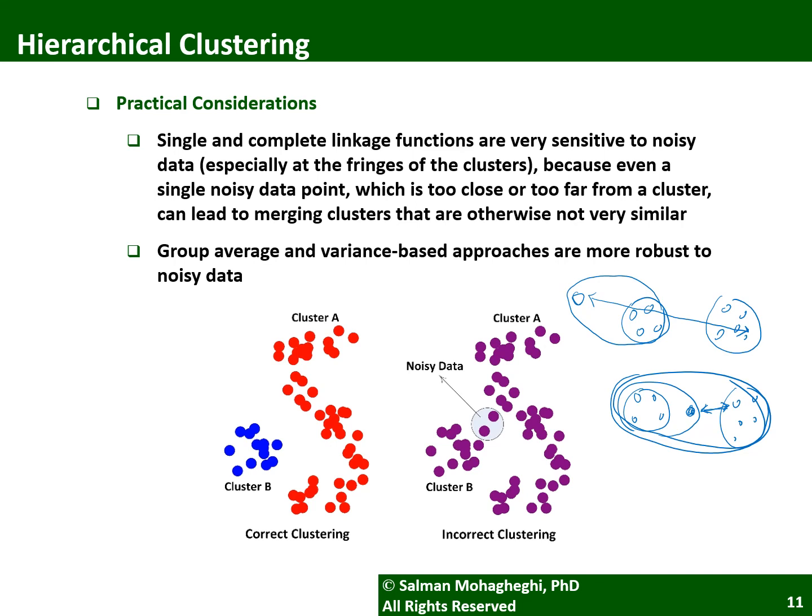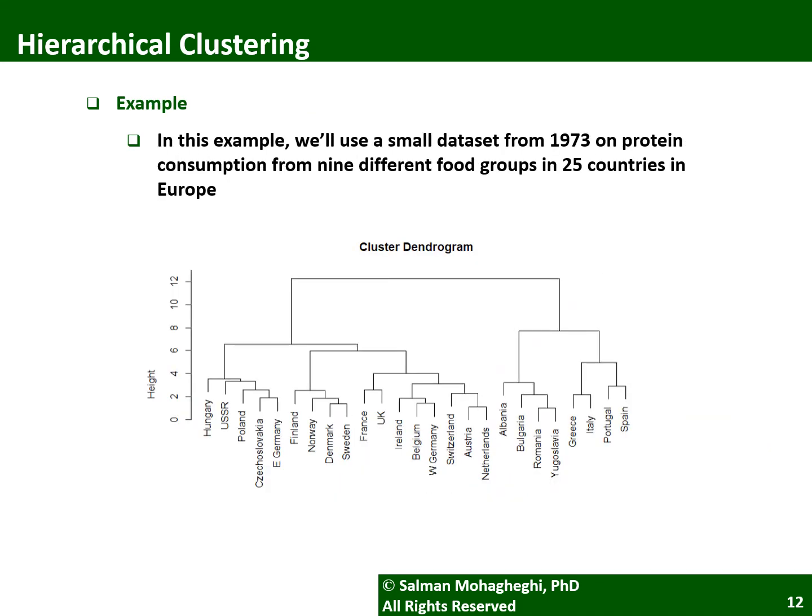So that's something to keep in mind. On the other hand, linkage functions such as average or centroid basically look at all the data instances within a particular cluster, so they are more immune against outliers.